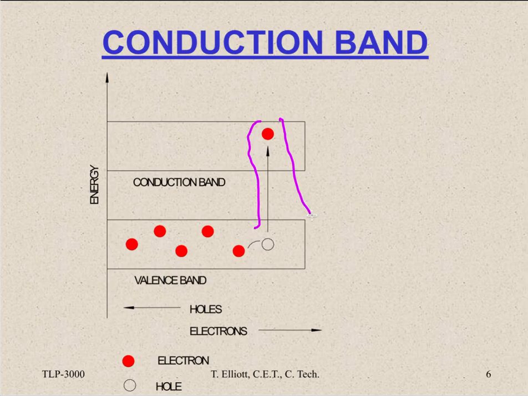And then it'll fall back down into a neighboring hole. The amount of time this process takes is known as the lifetime. And what happens is, with an infinite number of electrons moving from the valence band into the conduction band and falling back down, the holes appear to be shifting this way, while the electrons appear to be shifting that way.